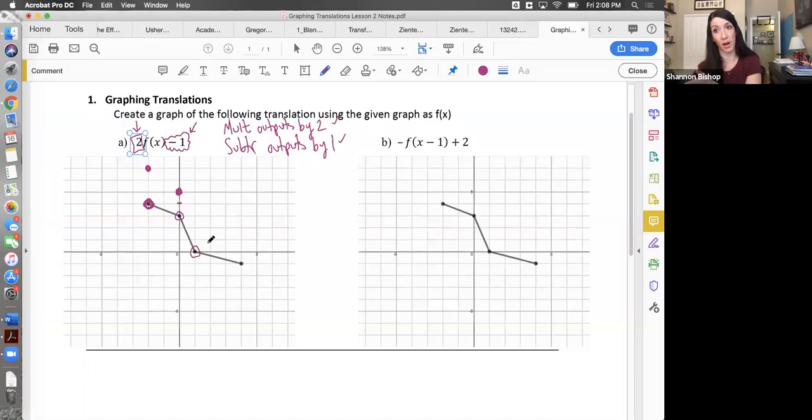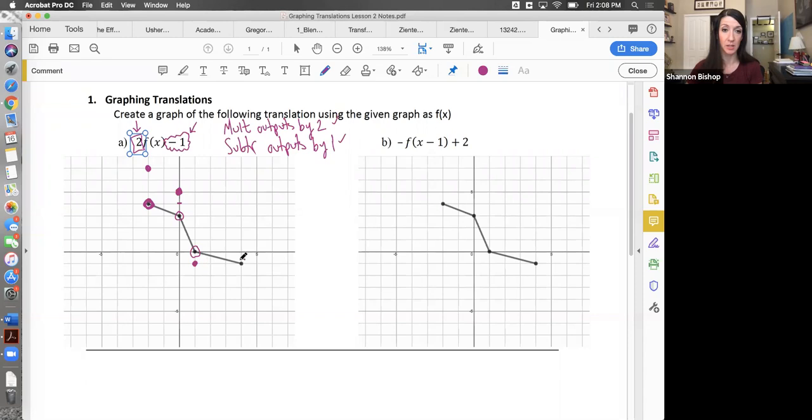It's over to the right 1 unit, but then it's not lifted up or down at all. It's just at 0. So the original location is 0. But not anymore, because we are going to multiply by 2 and then subtract 1. Well, 0 times 2 is still just 0. But then minus 1, it ends up down here just 1 unit below where it used to be.